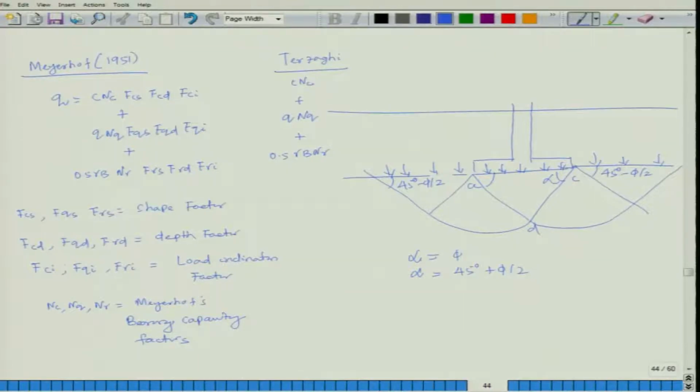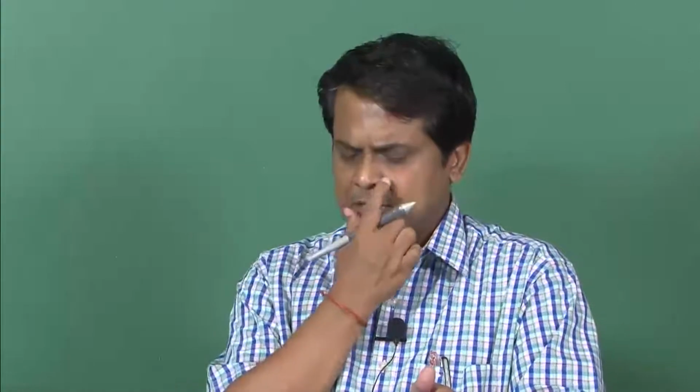Now, if you look at here, particularly in case of Terzaghi, what he says, alpha is closer to 45 degree plus phi by 2 than phi. It is in between. Terzaghi alpha is equal to phi, basic alpha is equal to 45 degree plus phi by 2, and in case of Meyerhof's general bearing capacity theory, he has included 3 factors: any shape of the foundation, any depth factor and load inclinations.